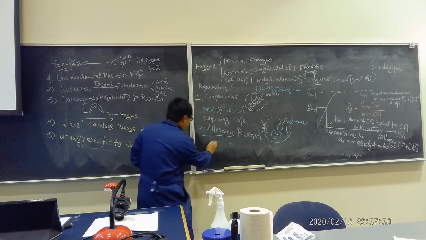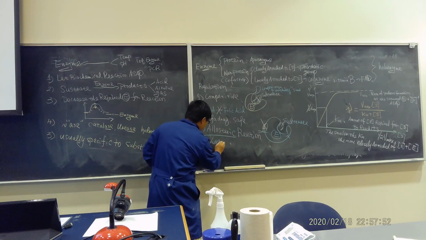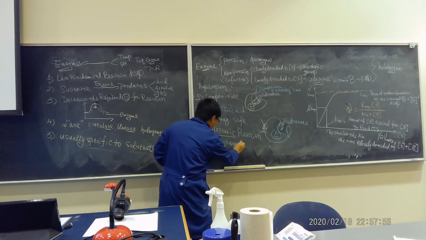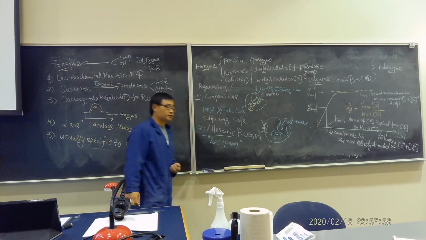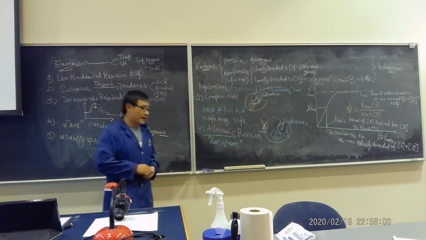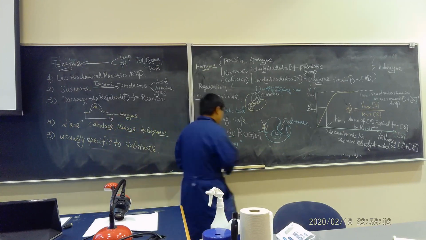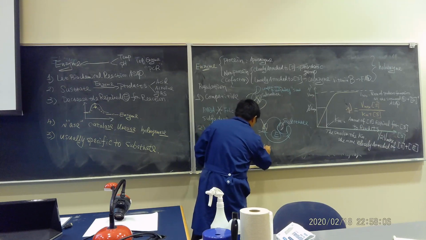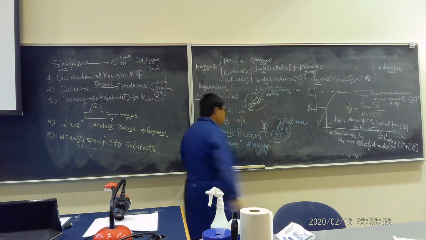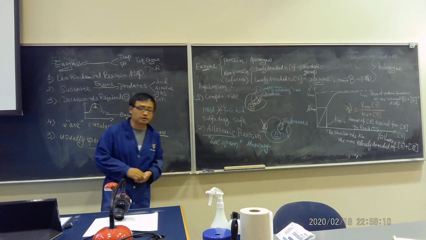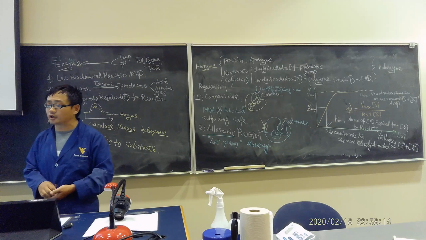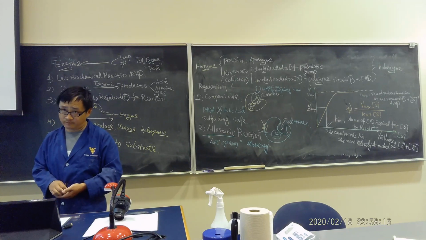A good example is the lactose operon, and we will mention it in the next couple of weeks. Another example is heavy metal, like mercury. Those heavy metals usually kill the bacteria. They work through allosteric regulation, and it's irreversible.